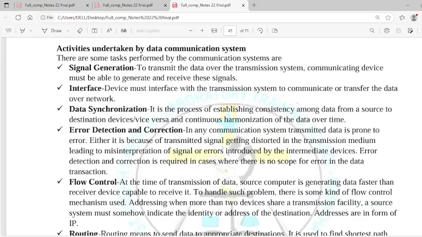Then another activity undertaken by the data communication system is error detection and correction. In the communication, the system may detect the errors that are likely to occur and also correct the errors that occur. Meaning the system also does its own self troubleshooting, identifying the areas where errors may occur and correcting them by itself.